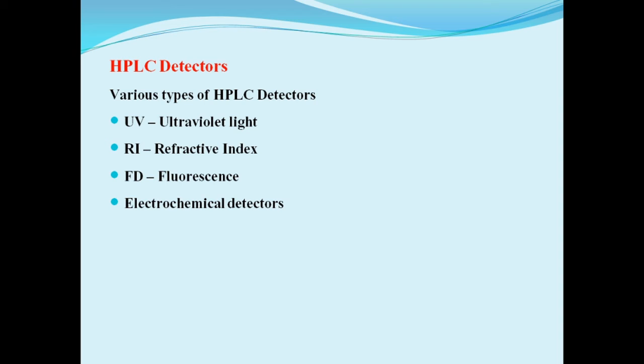Optics shine through the detector cell and variation in optical properties are detected. A ultraviolet or UV detector detects absorbance of UV light by chromophores in the analyte compound. A refractive index detector will sense variation in refractive index of the mobile phase stream passing through the flow cell as the sample analyte mixes.